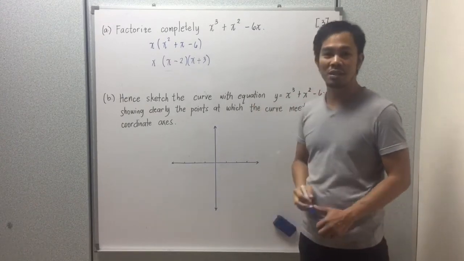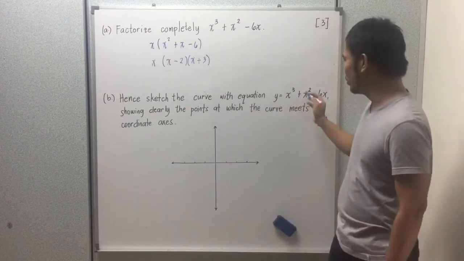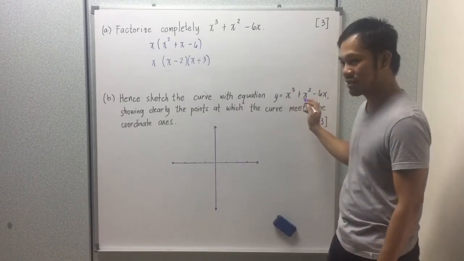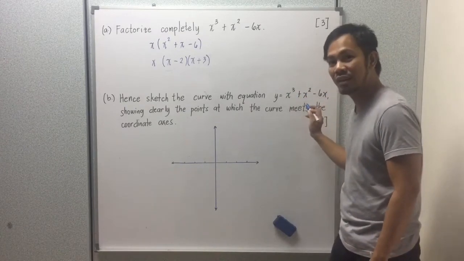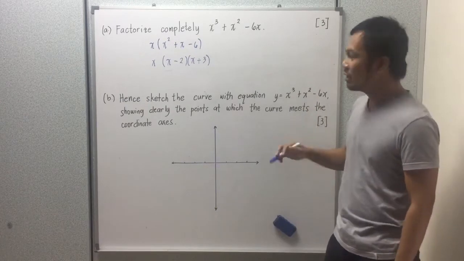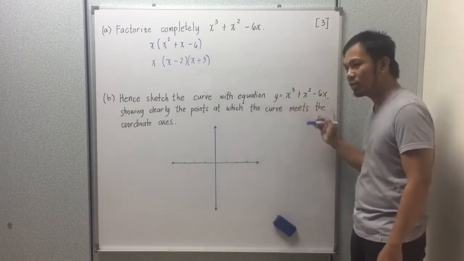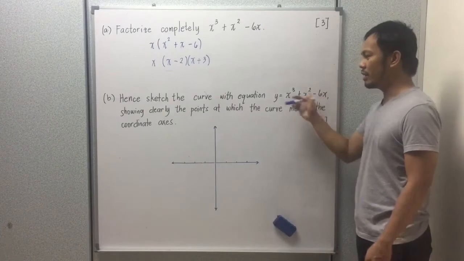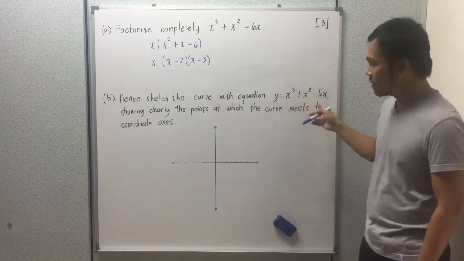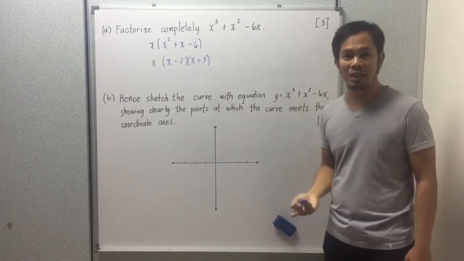Next, let's go to letter B. I am going to sketch the graph of this one. How do we sketch it? What do we call this function? This equation is called a cubic polynomial.